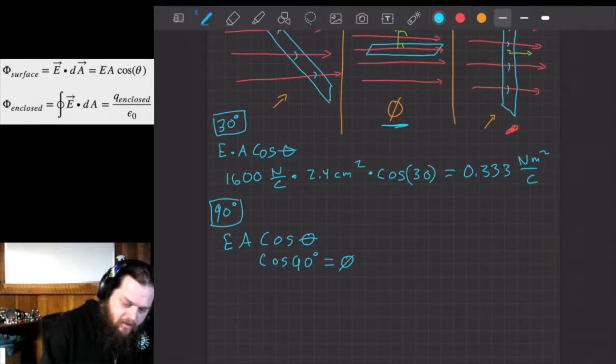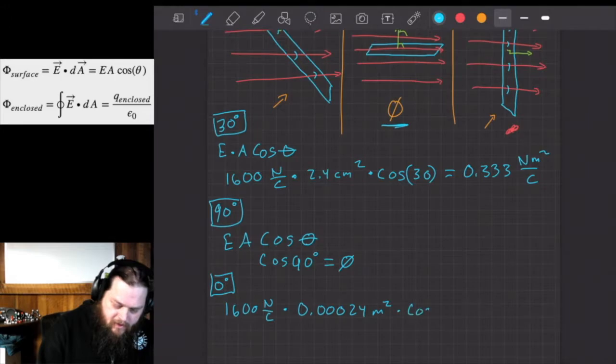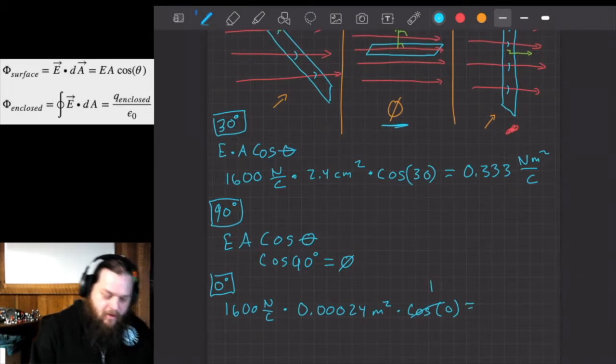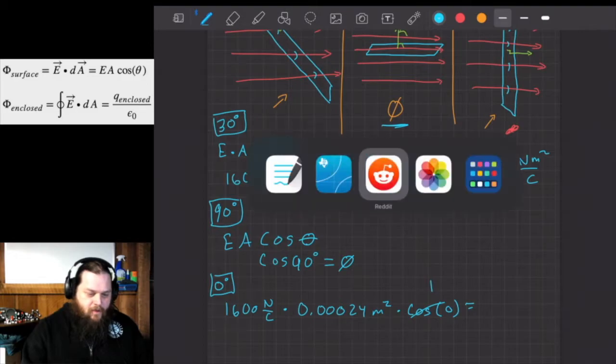So we can move on to our 0 degree plane, and that one's going to be the same, but I'm going to write it in meters this time so I don't screw it up: meters squared times cosine of 0. Cosine of 0 is 1, so we can really ignore typing that into our calculator.